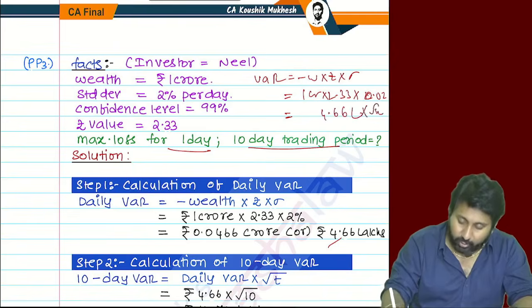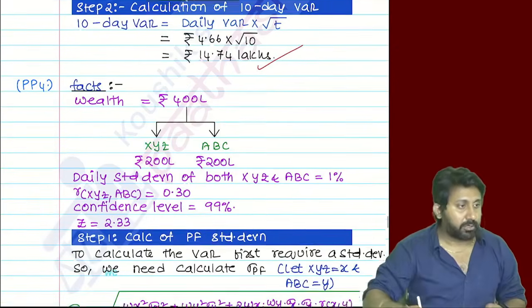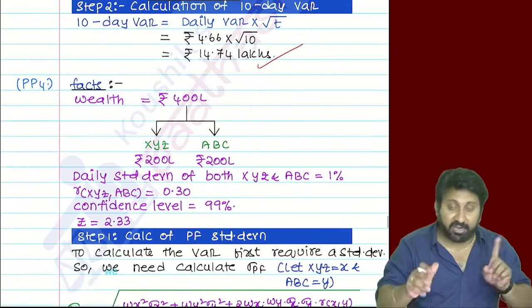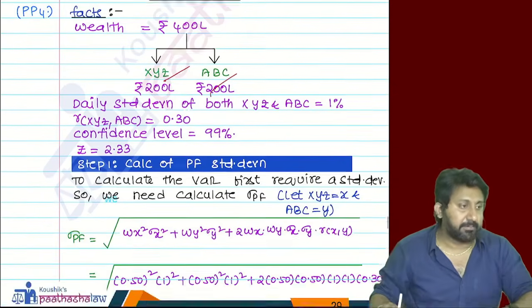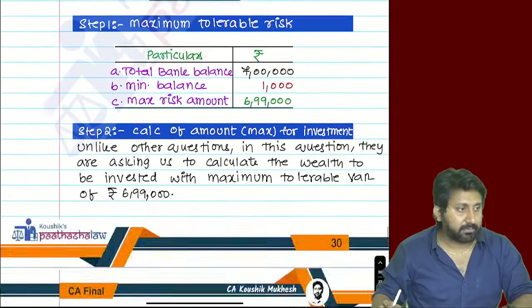For 10 days, into root 10. Answer over. Understood? Same as the previous question we did with a portfolio. There we did 100, here we have to do 200. Remaining everything is essentially the same. Nothing great.